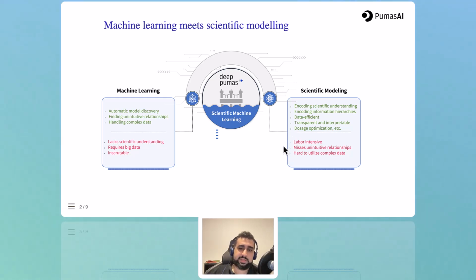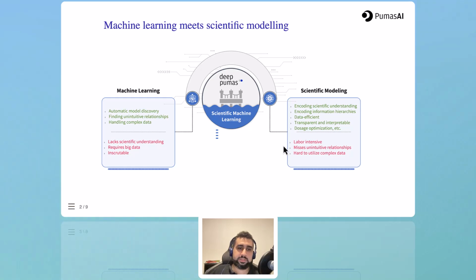Another disadvantage is that it can miss non-intuitive relationships by definition, because it's a model developed by a scientist who understands or tries to encode their understanding of the mechanism. If there is some relationship that's not yet understood, then we cannot really encode this in the model.